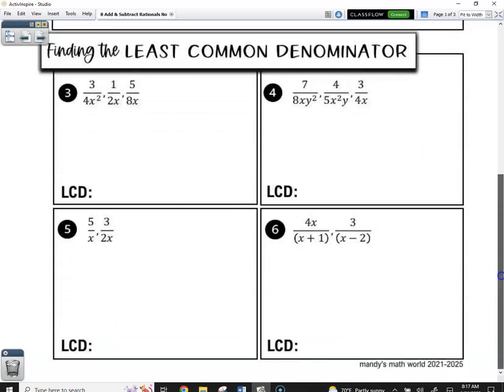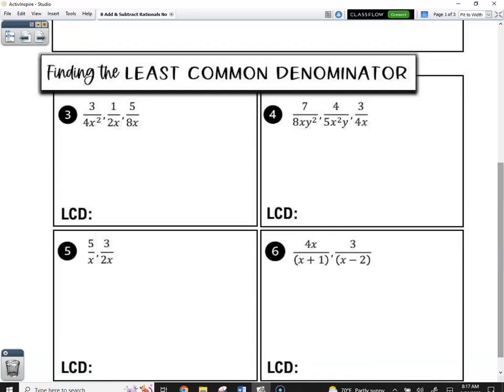These 4 questions are simply trying to train you to find the correct LCD. We're not adding or subtracting yet. So you're looking at all of the denominators. There's multiple ways to teach this. The way that my mind sees it is I focus on any numbers that are coefficients.